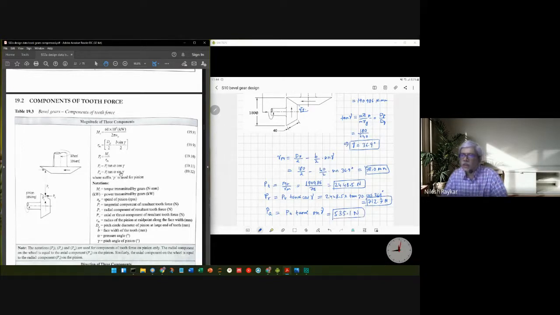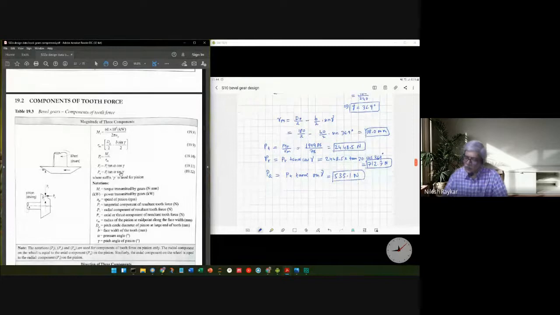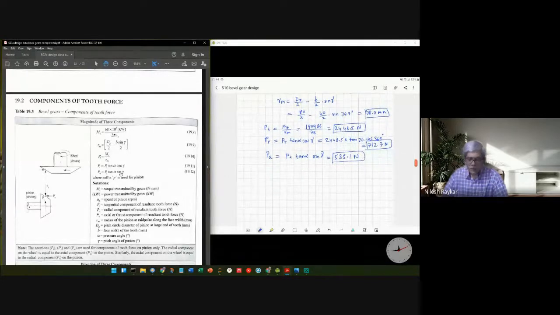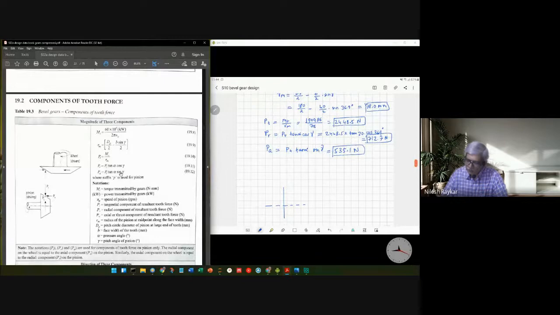Now let's look at the directions of these forces. Let's establish the directions of the forces. Here we have the pinion, then we have the gear.